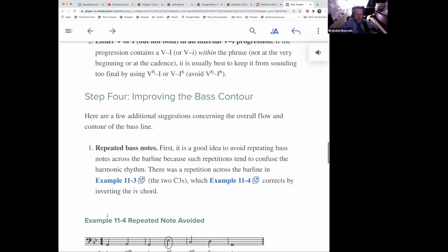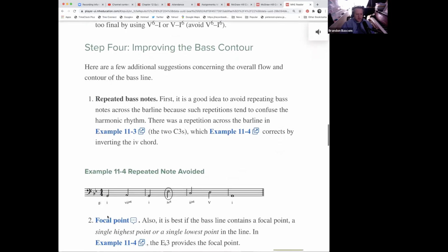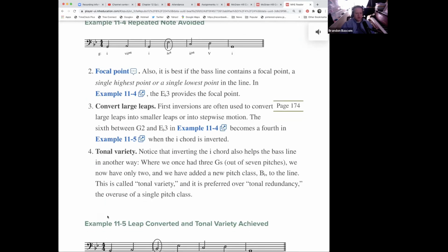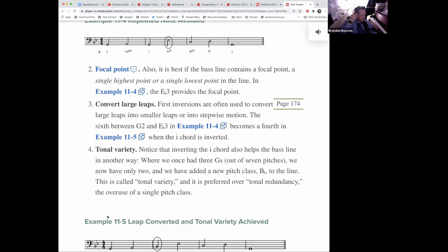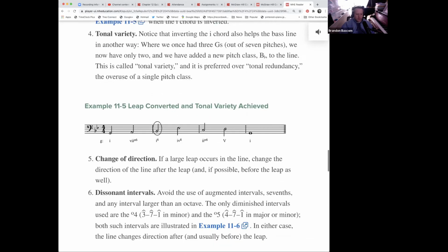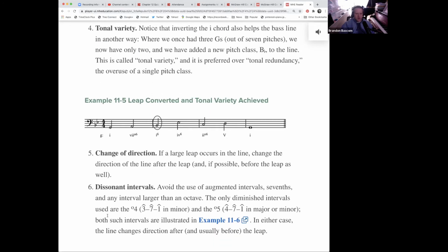So because of these things, you might need to invert a chord to provide that tonal variety, to avoid that large leap, to give us the focal point we need. If a large leap occurs, we have to change direction right after the leap.